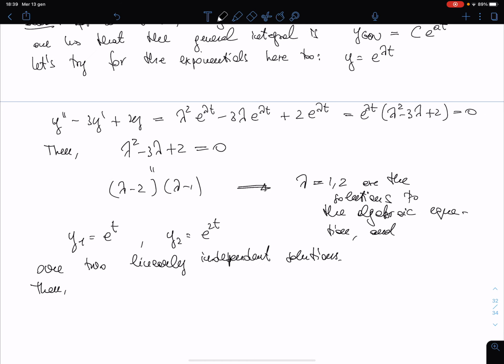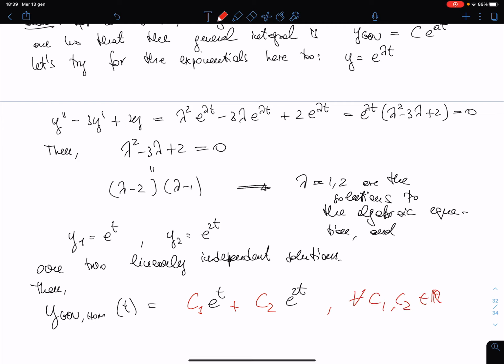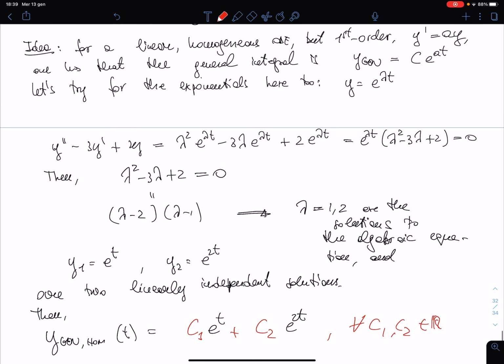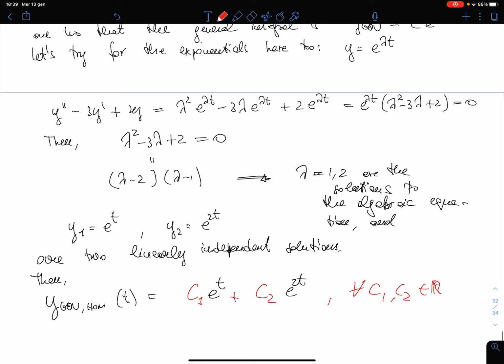Then y gen of the homogeneous equation of t is nothing but c1 e to the t plus c2 e to the 2t, the linear combination, for every c1, c2 in R. This is the general integral. Okay, so it is extremely simple. And they are linearly independent because they are not the same function multiplied by a constant.